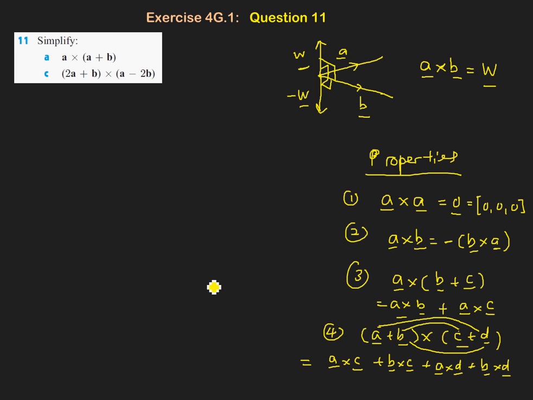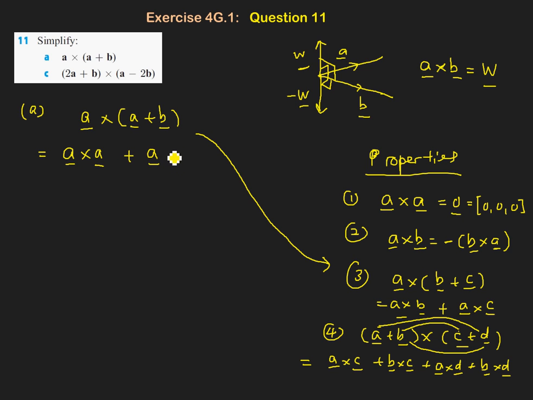And so we'll look at part A. It is question 11. Now A cross A plus B: although these two vectors are the same, in terms of its form it is very similar to property 3. You can use property 3 to help us, so this is equivalent to A cross A plus A cross B. Property 3 is as if you're expanding the vector.